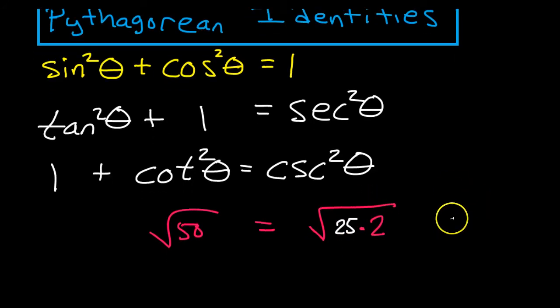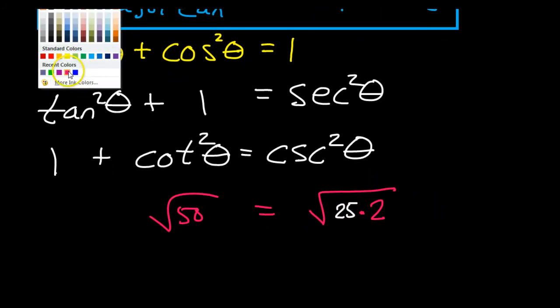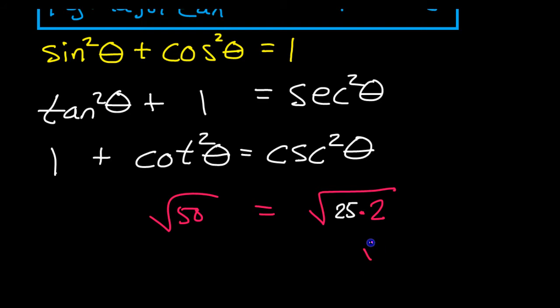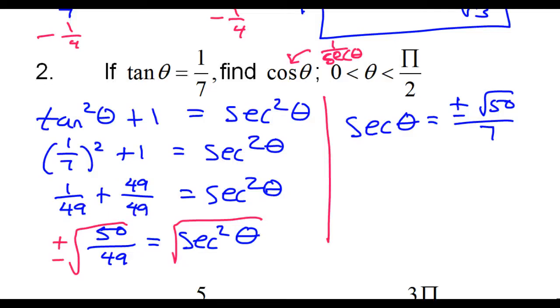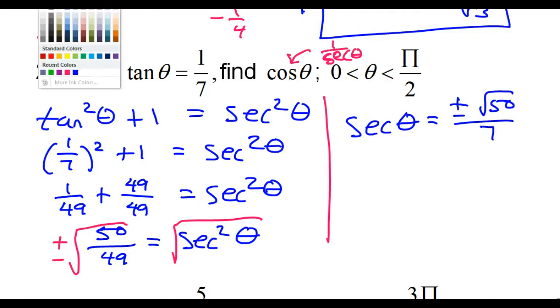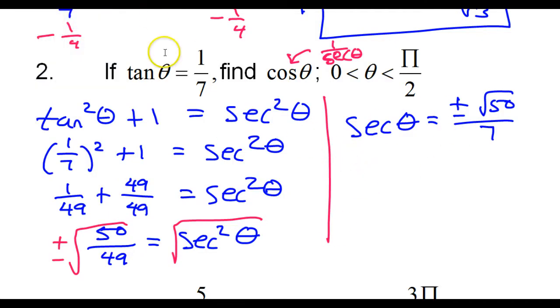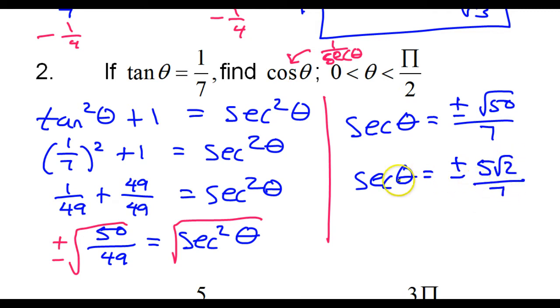For that reason, this will simplify, and the radical 2 is going to have to stay inside. But the square root of 25 is 5, so that's 5 radical 2. So this is going to be the same thing as secant theta is plus or minus 5 radical 2 over 7.